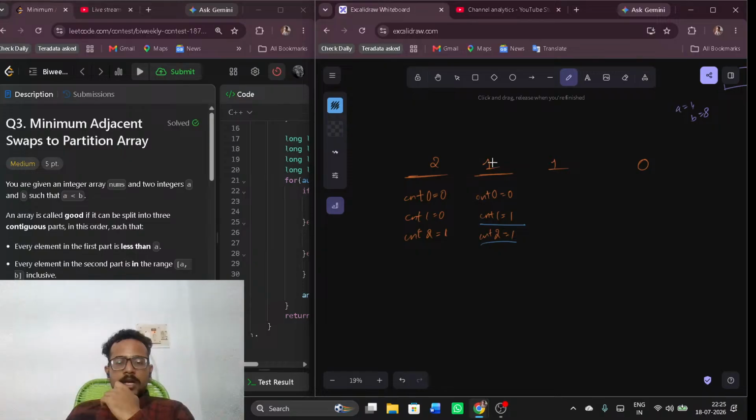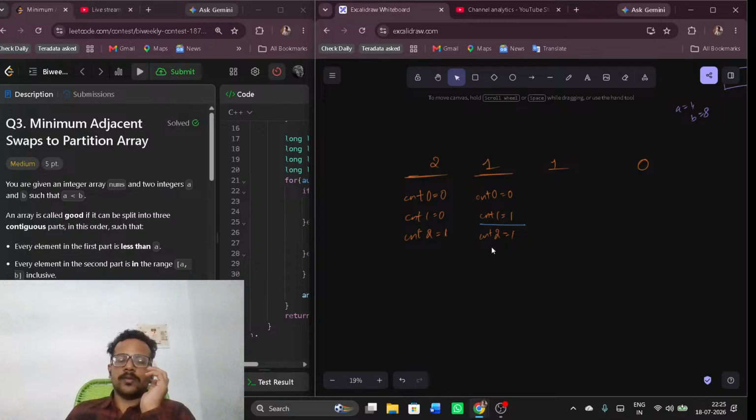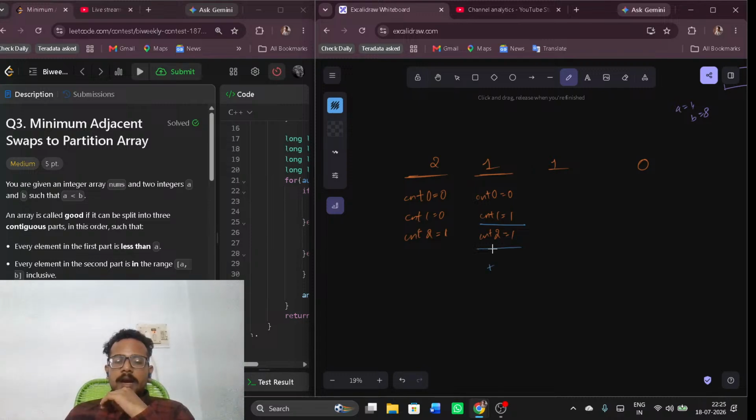No. As I'm having one, previously I have seen a two. That means that needs to be swapped. So what I would do, I would just add how many times I have count 2, only one time. I would just add that to the answer.